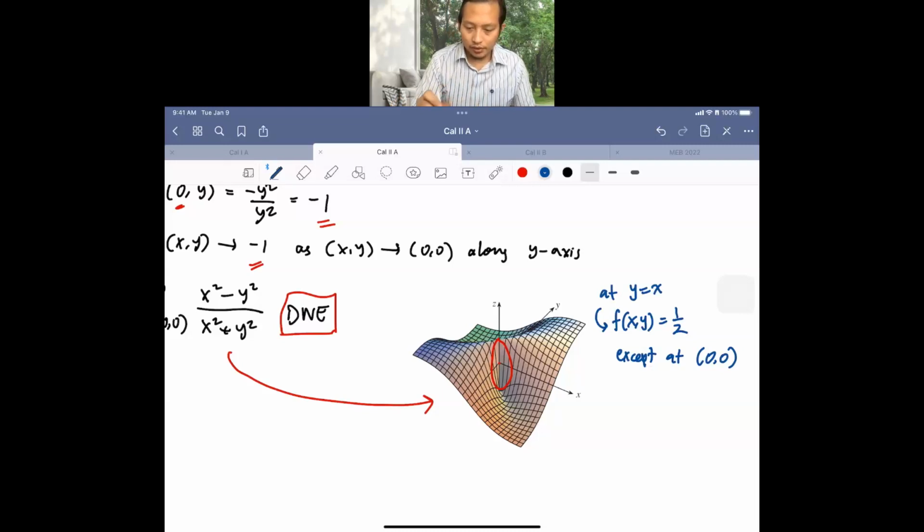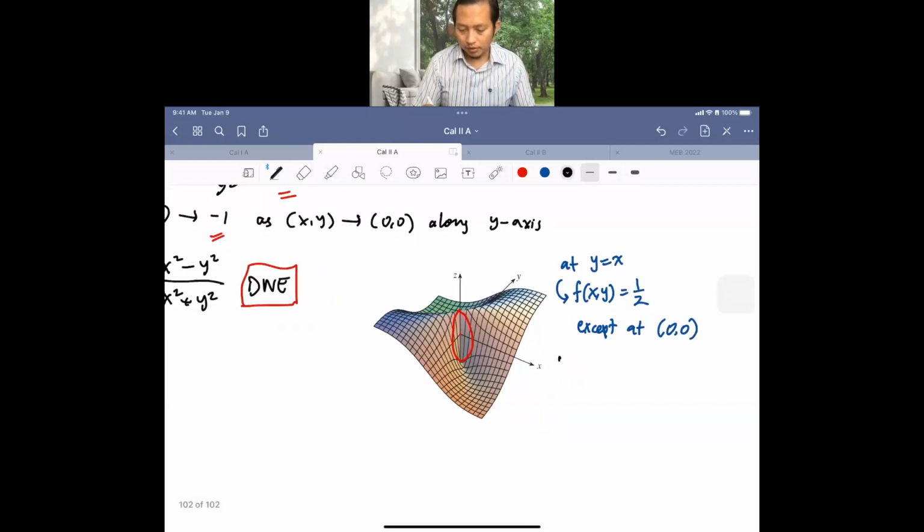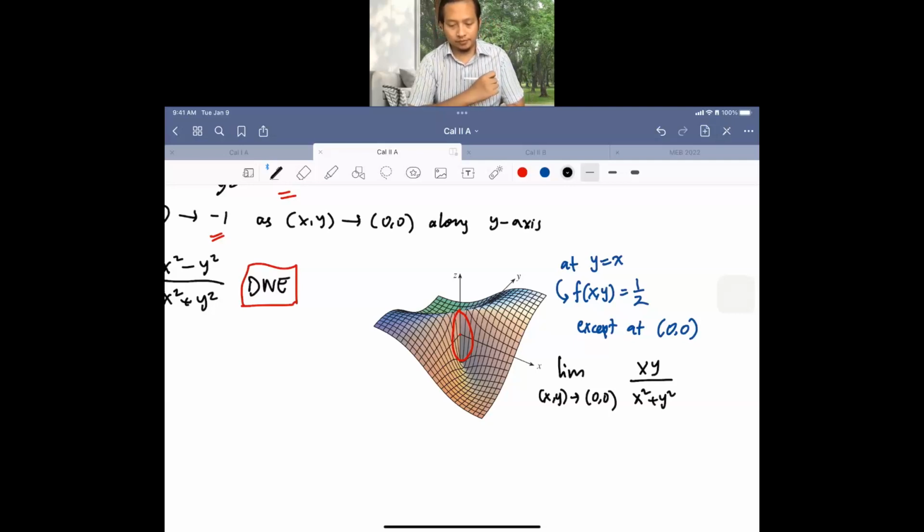Oh, sorry. This is a different function. This should be the limit. Yeah, this is a different function. Okay, maybe we can look here first.